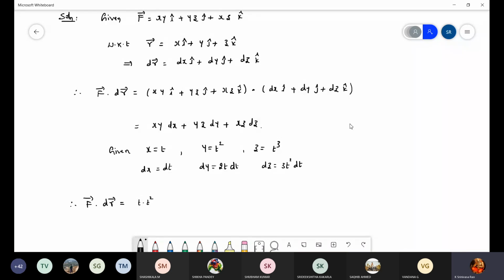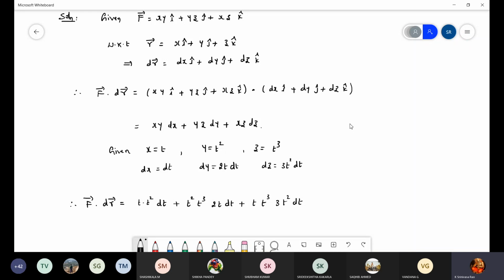T into t square times dx, which means dt, plus y is t square, z is t cube, dy is 2t dt, plus x is t, z is t cube, and dz is 3t square dt.